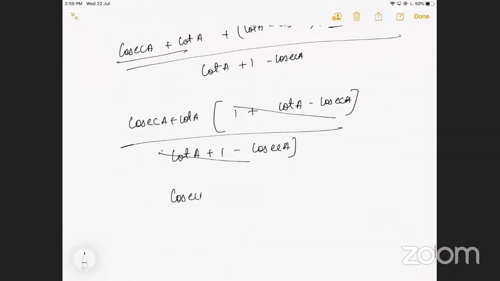So now we are left with cosec A plus cot A. Yeah, yes sir.